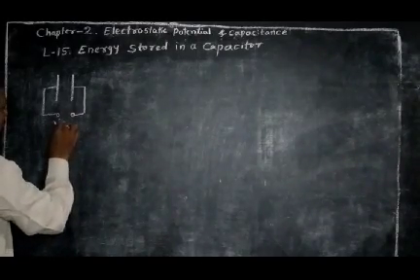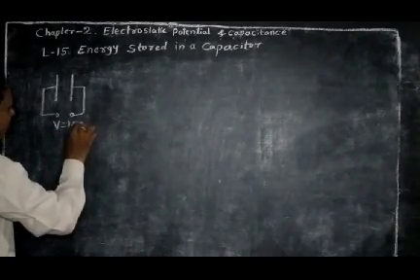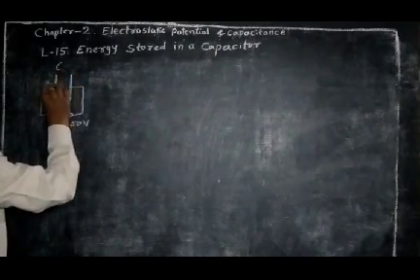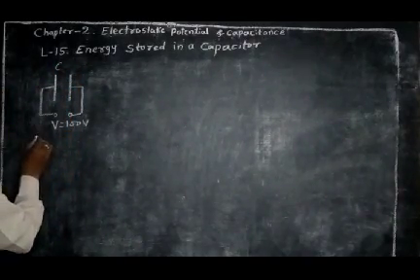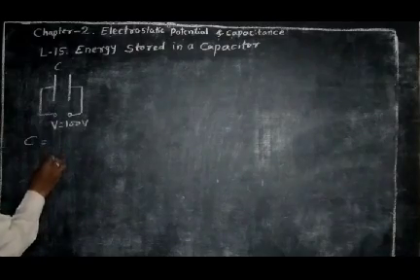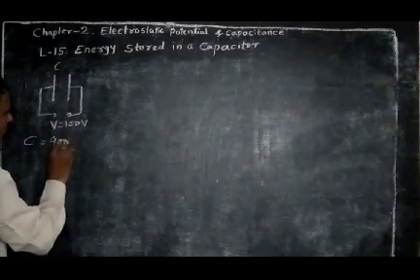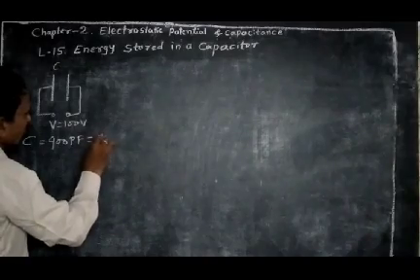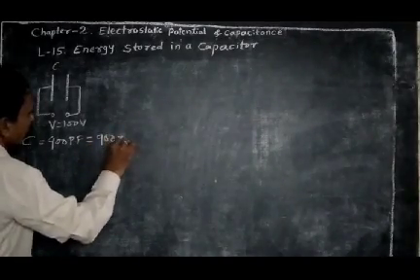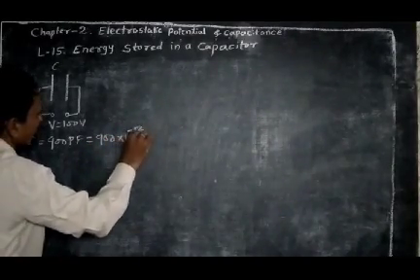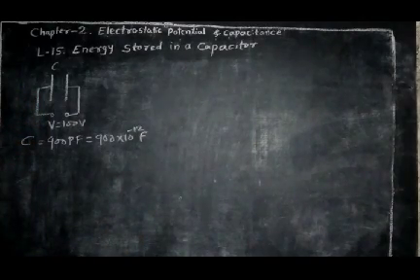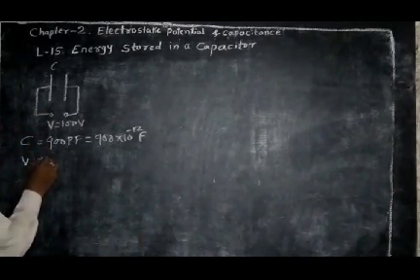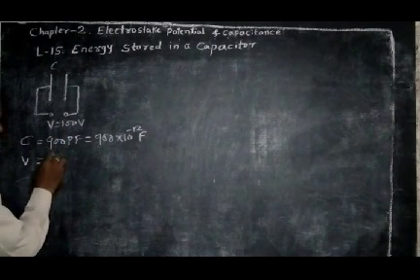That is, here V equal to 100 volt and capacitance of this capacitor is C. Given that the capacitance of the capacitor is 900 picofarad, that is equal to 900 into 10 to the power minus 12 farad, and it is charged by using a battery of voltage 100 volt.